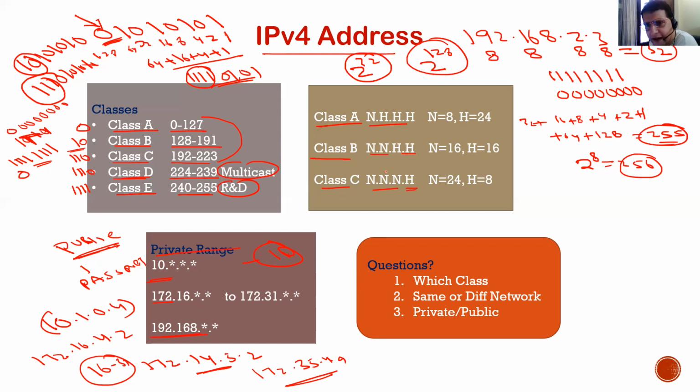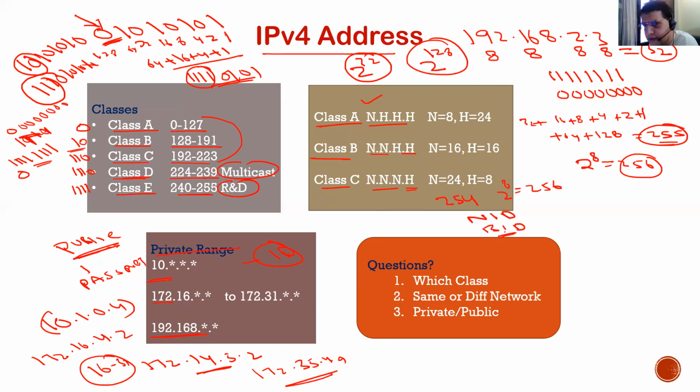To understand that, it depends on your requirement. Do you need more hosts in a network? Go for class A. If you need a smaller number of hosts, for example, a network with 254 hosts, because 2 to the power 8 is 256, but we use the first IP for the network ID and the last for the broadcast ID.